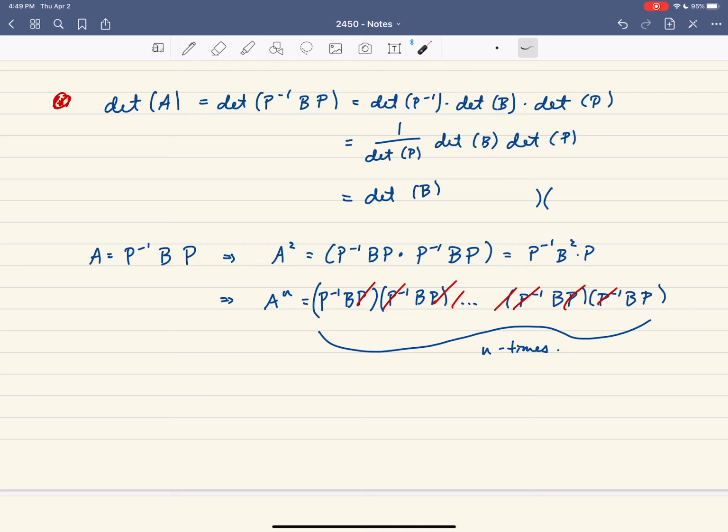And all that we're going to end up with then is the P inverse at the start. So we end up with the P inverse on the left. We have B n times, so that's B to the n. And then we have this P over here on the right. So that's a nice property that similar matrices share. Okay, that's similar matrices in a nutshell.